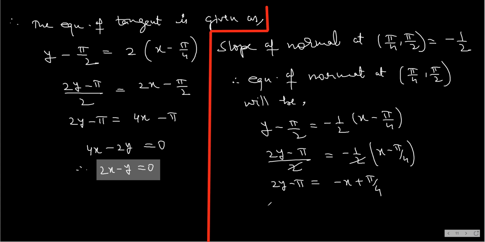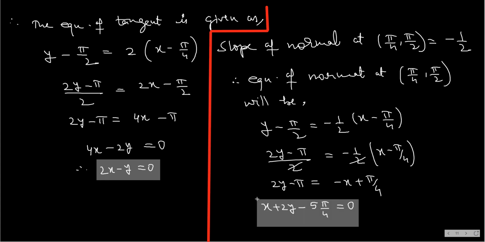Okay, now shift everything on this side. So you have x plus 2y, this is pi minus pi by 4, that is minus 5 pi by 4 equals to 0. This is equation of normal.